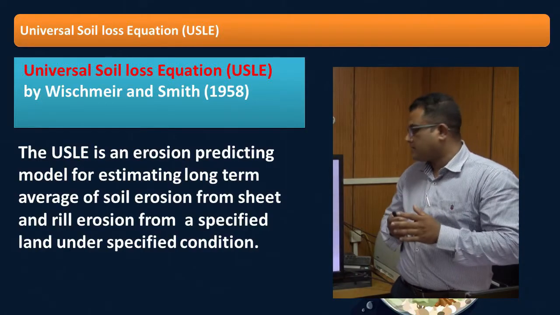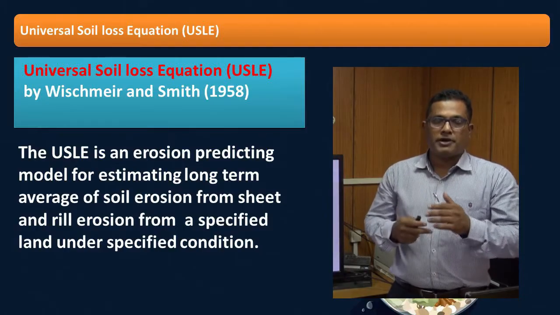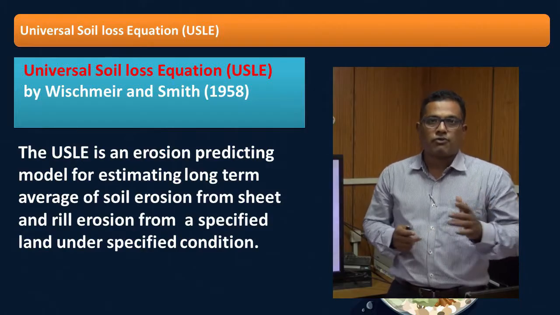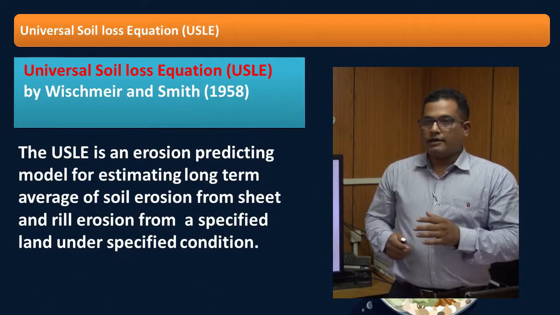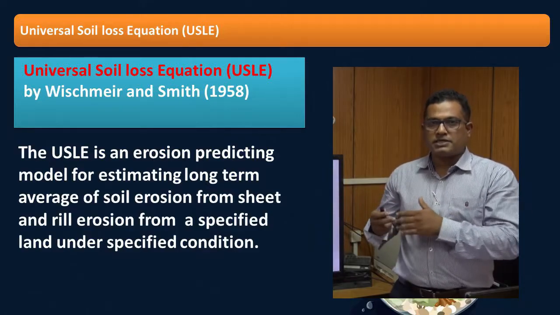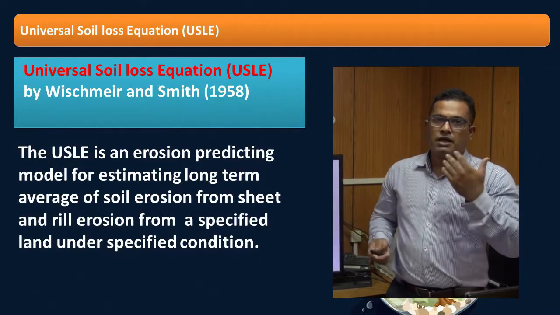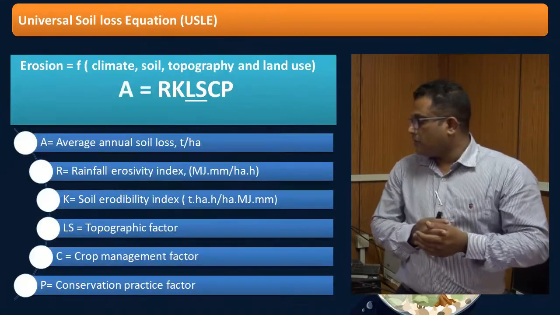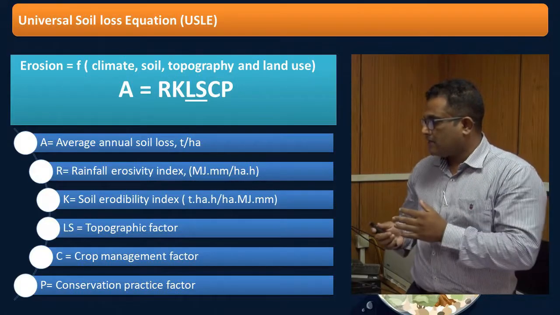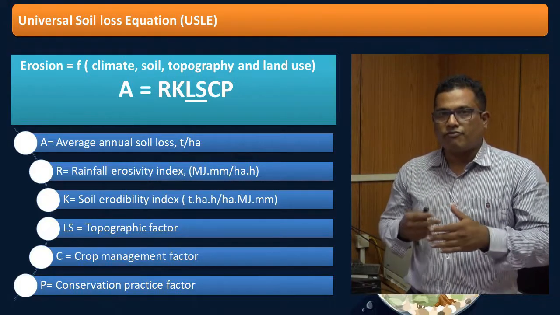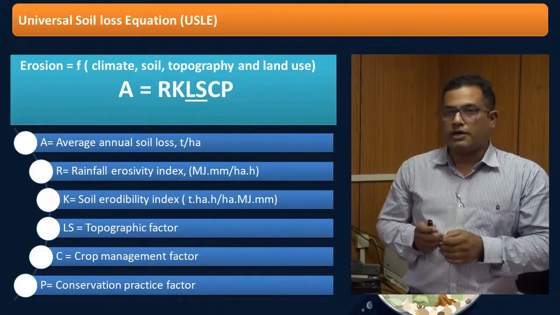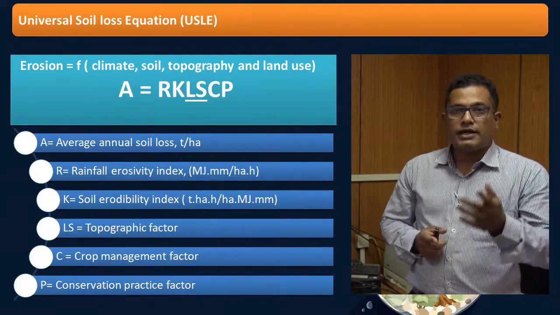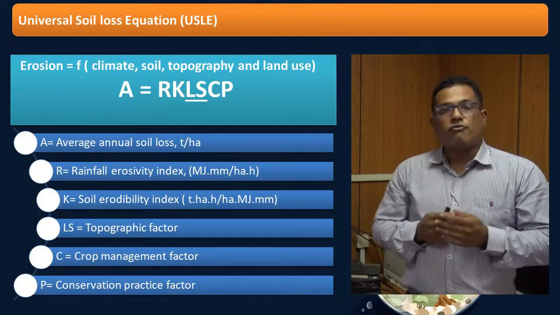This USLE is a very popular predicting model or formula for estimating the soil loss from a particular area. It is very popular too, and even now it is extensively used, and this formula is used for derivation of many other formulas as well. What this universal soil loss equation says is, soil erosion, as we have understood from the factors affecting it, is a function of climate, a function of soil, a function of topography, and also a function of land use.